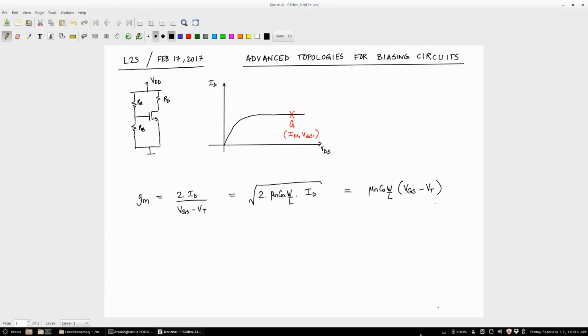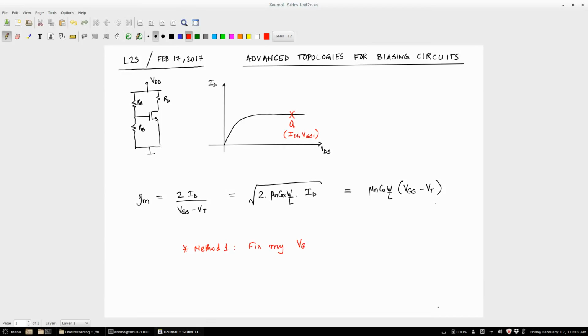So the aim of these advanced topologies is to see if you can eliminate or reduce the sensitivity of the output performance of your amplifier to all of these variations. That's the goal. Now keeping that in mind, look at this gm, and as I mentioned here, you can set this gm in two ways.